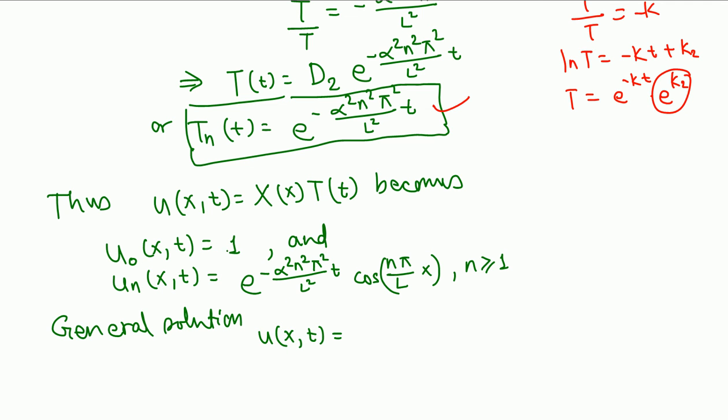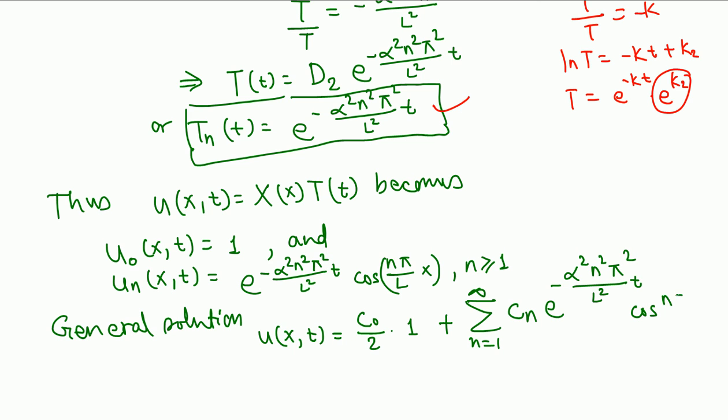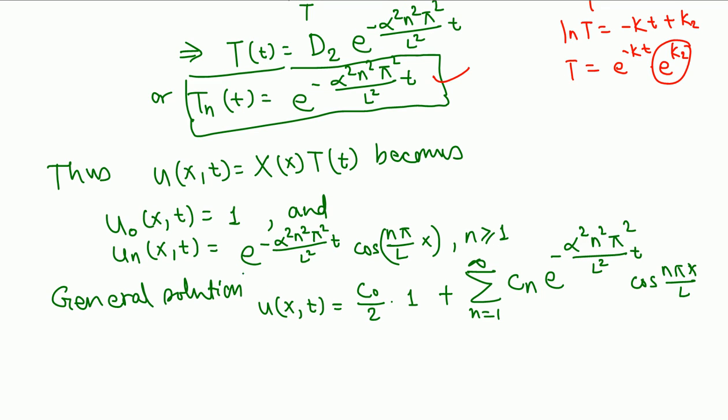First we have just 1, so a constant times this solution, and we just take the constant to be c0 over 2 times 1, plus, there are infinitely many, so c1 times the first plus c2 times the second, so we write it this way: sum n from 1 through infinity of cn times e to the negative alpha squared n squared pi squared over l squared t times cosine of n pi x over l. This is the general solution, where c0 and the cn's are unknowns.